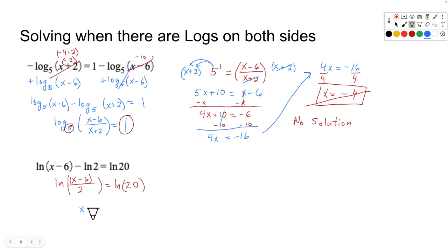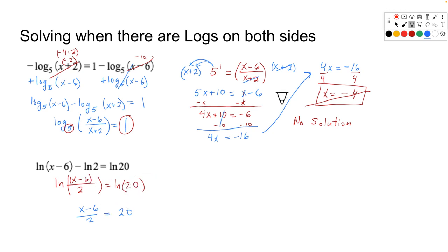So we are able to just jump to x minus 6 over 2 equals 20. Whenever we have the same base logarithm on both sides, in a way it's kind of like they cancel, but it's not quite. It's the fact that they are one-to-one functions. Since the outputs are equal, one-to-one means that the inputs also have to be equal.